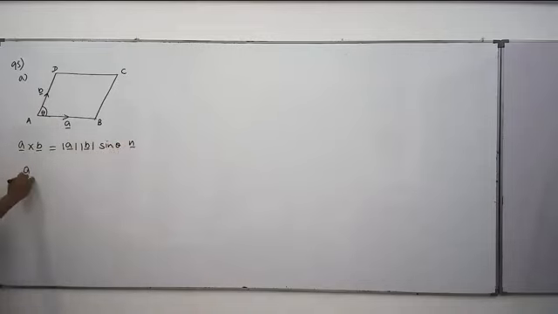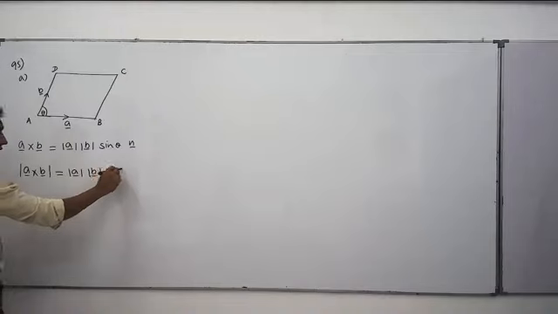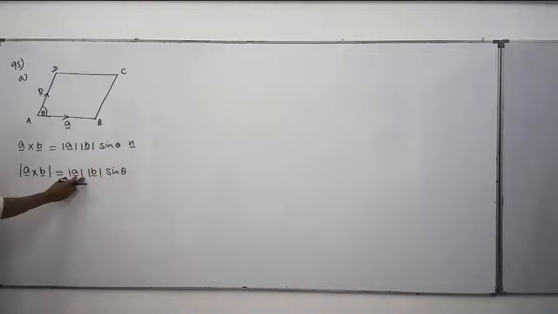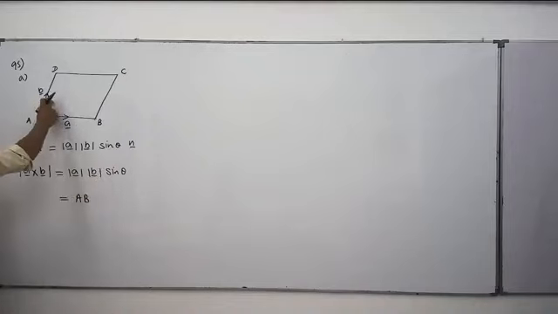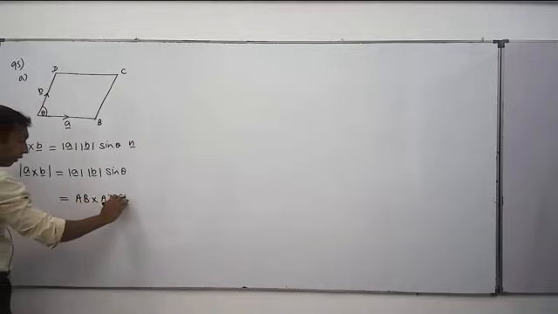Then I am going to take A cross B modulus. Except this part, this is the modulus. Mod A, mod B, sine theta. What is mod A? Mod A means AB length, AB vector only, simply A vector. Mod B, B is this vector, the AD vector, so mod B means AD length, sine theta.